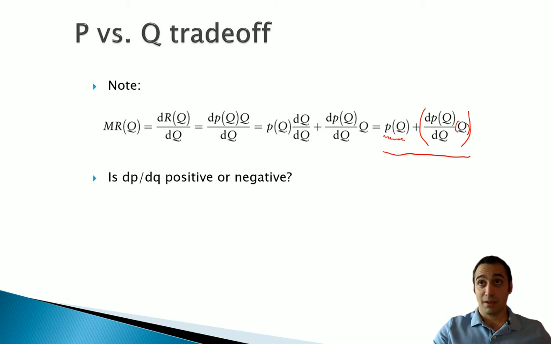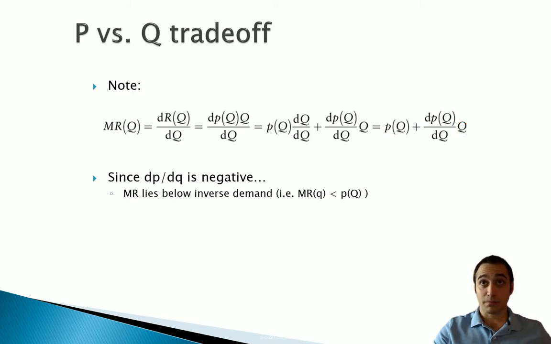That is, how does quantity affect price? Clearly, dP dQ is negative. As quantity goes up, the firm must offer that product at a lower price. Therefore, this whole term has got to be less than 0. It's got to be negative.